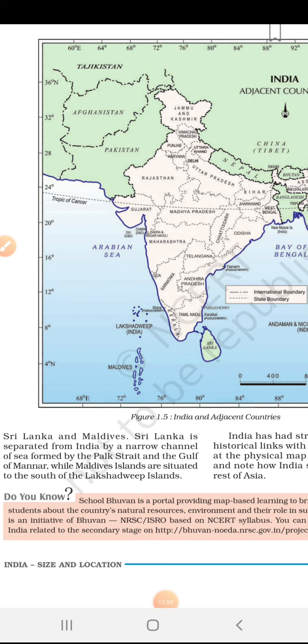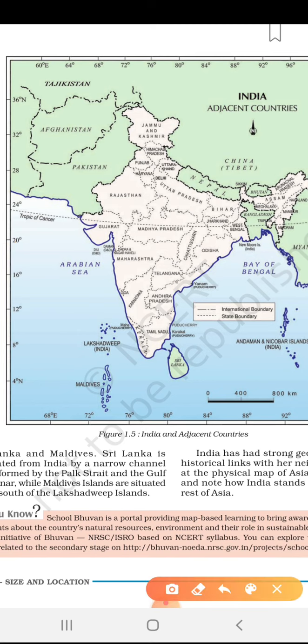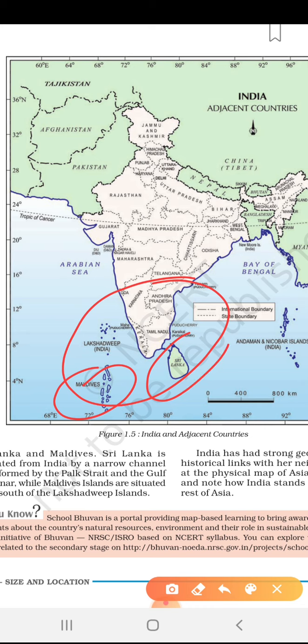And in the southern part, you can see two countries, Maldives and Sri Lanka. Okay.